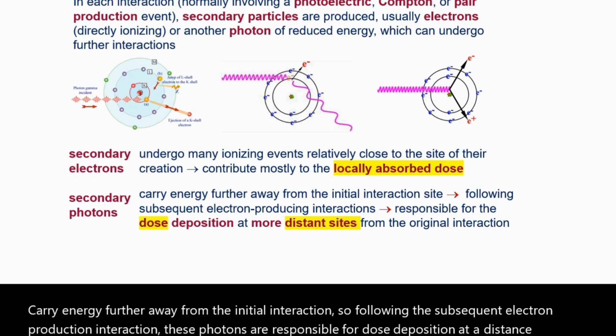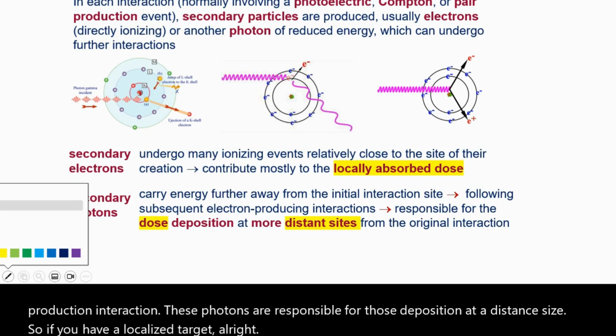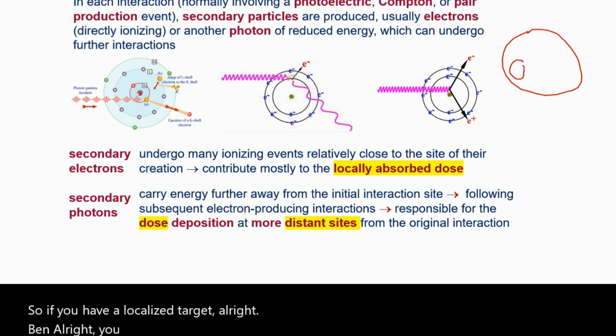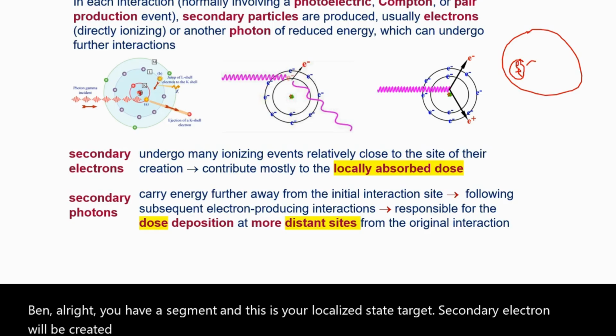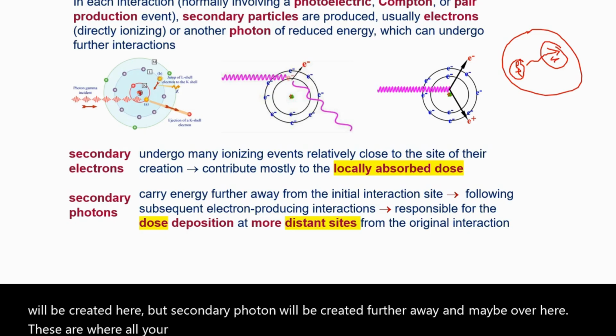So if you have a localized target, all right, you have a segment and this is your localized target. Secondary electrons will be created here, but secondary photons will be created further away, maybe over here, where all your surrounding healthy tissues are.